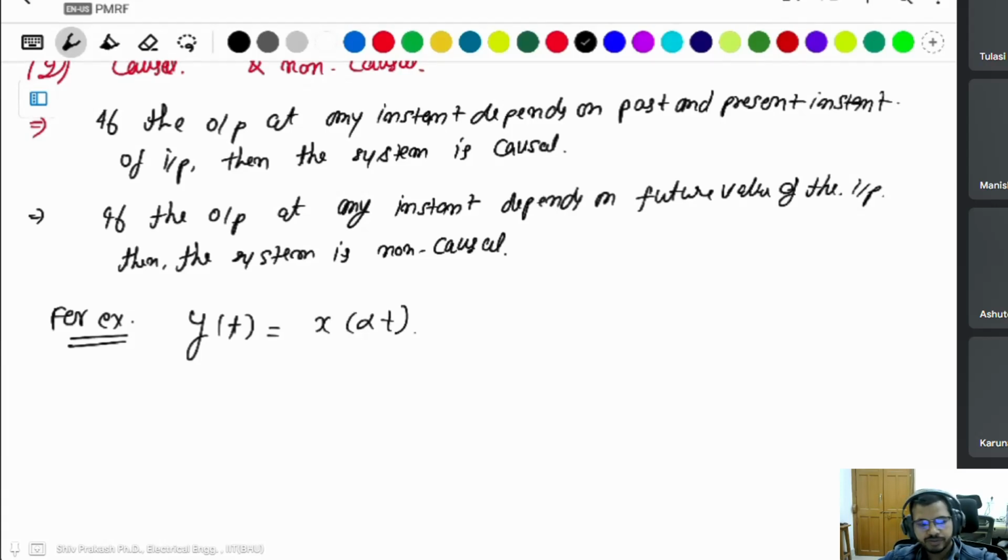Let's check first. Suppose alpha is equal to 2, then y(t) is equal to x(2t).